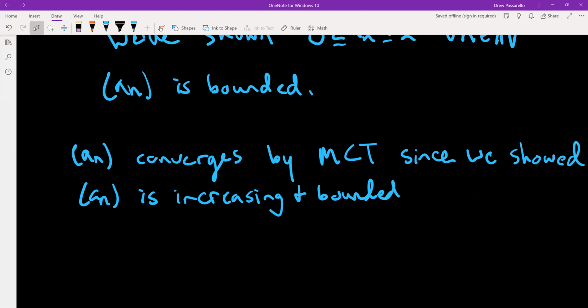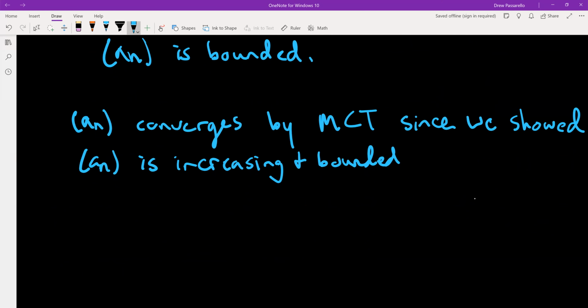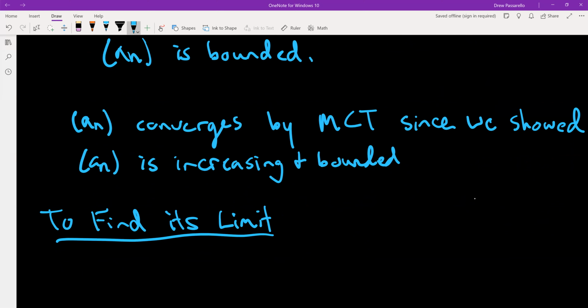All right, now I'm going to use the nth term theorem to find its limit. So to find its limit, suppose we know it converges, so let's say the limit converges to some value a.